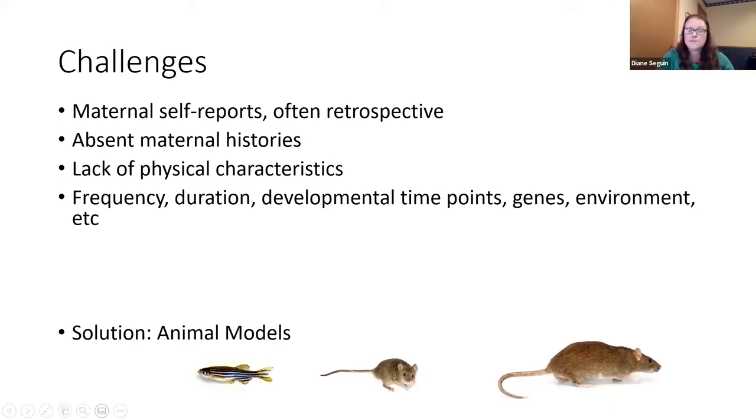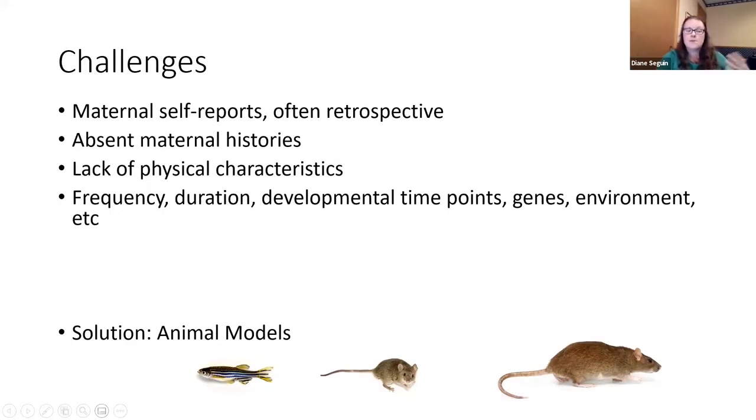Animal models give us control over many of these challenges that we see in human behavior. In particular today, I'm going to be talking about low to moderate alcohol exposure, because this is not covered very frequently in the literature. A lot of what we know about the negative effects of alcohol comes from very heavy studies.